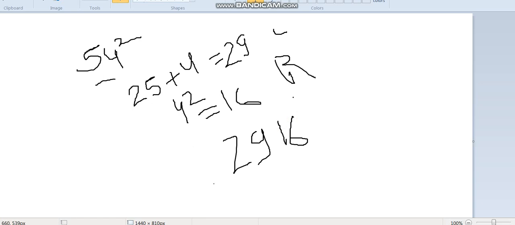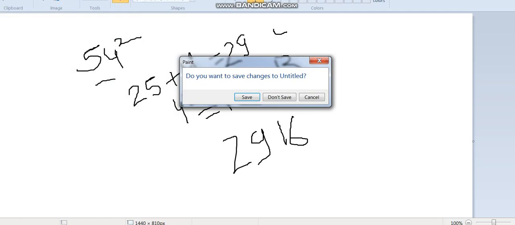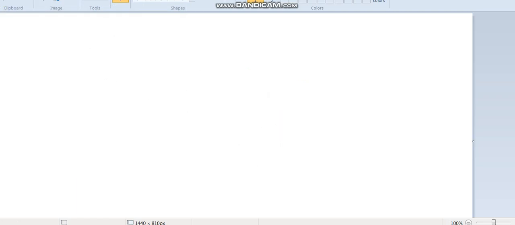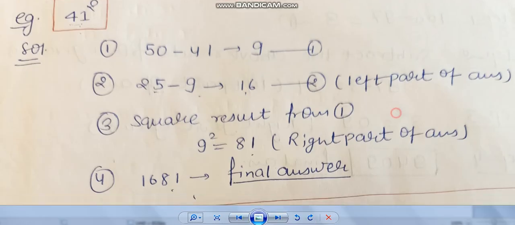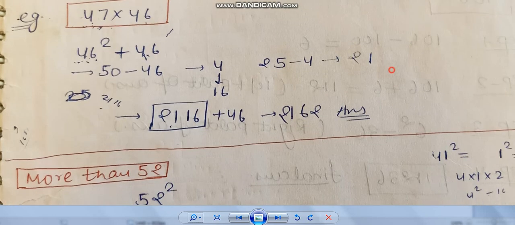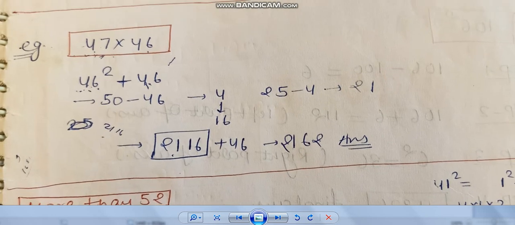And next I will tell you another concept. If you want to multiply 47 by 46, how easy it can be. You can write 47 as 46 plus 1, multiplied by 46, which is 46 square plus 46. 46 square you can easily get. How much lesser than 50?